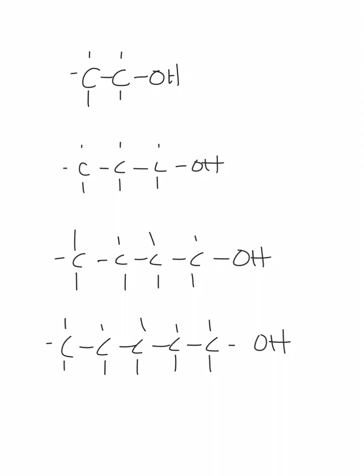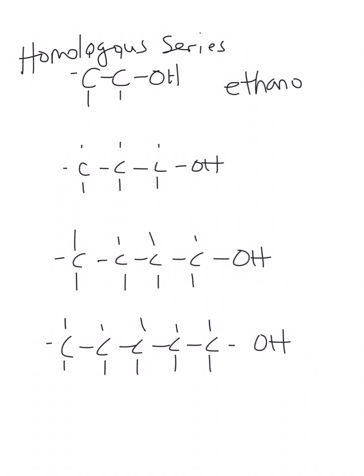What's drawn here is what we call a homologous series of alcohols, and you should be familiar, I hope by now, with this term. In this series, we start with ethanol, then carry on to propanol, then butanol, and then pentanol.